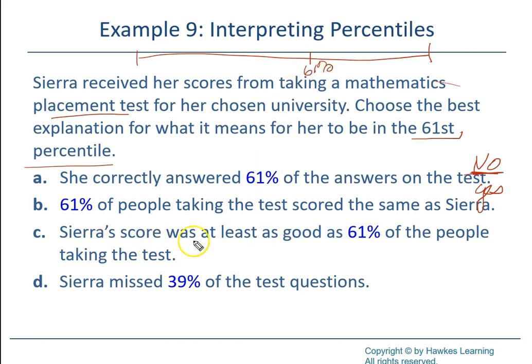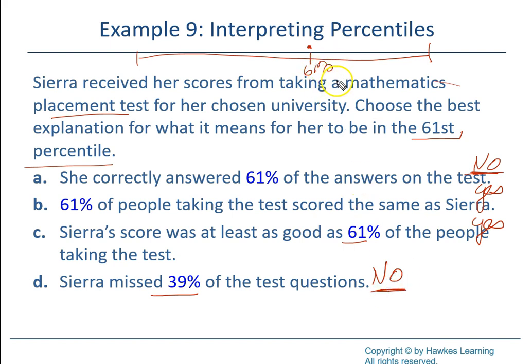That Sierra's score was at least as good as 61% of the people taking it. This is another yes. Yeah, she was up there. This is where she was. Sarah missed 39% of the test questions. No, that's not what it means.